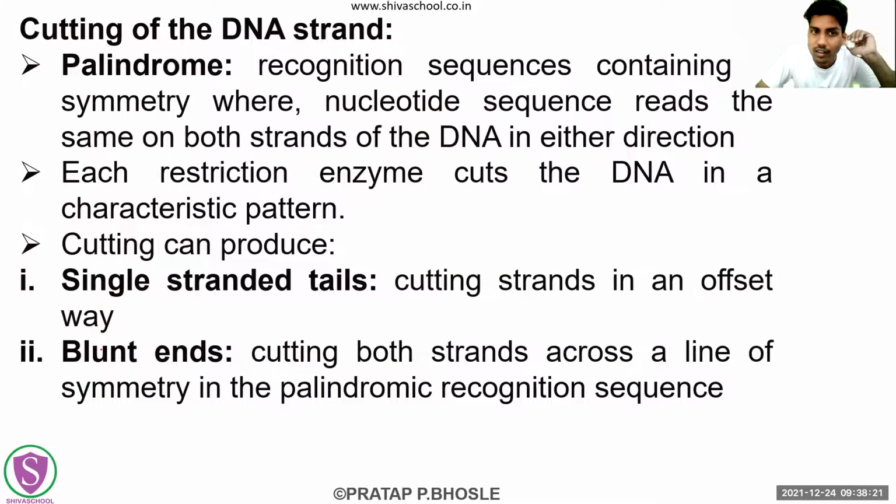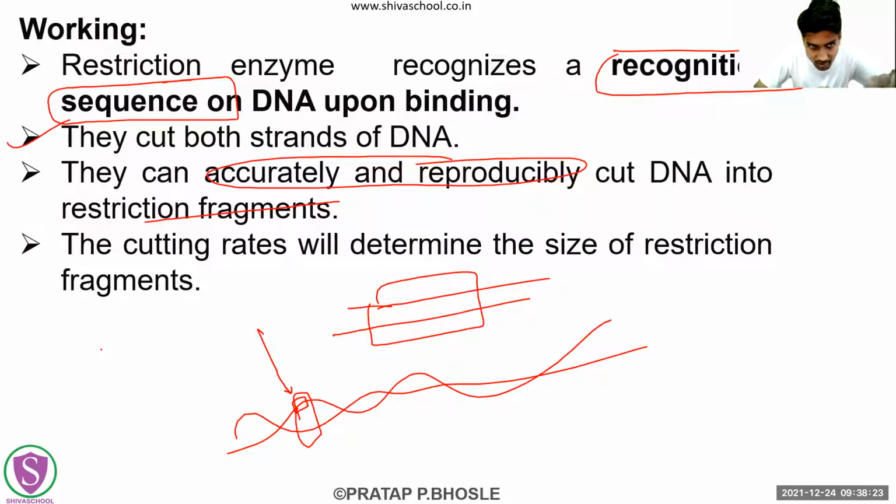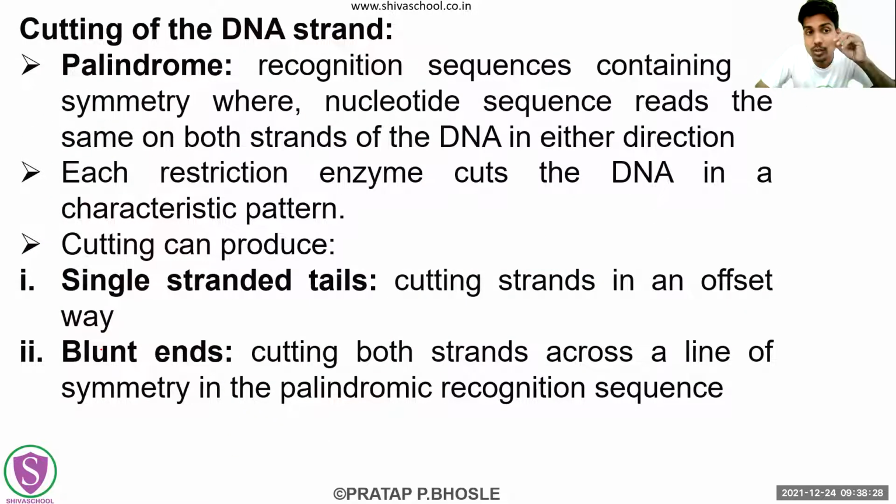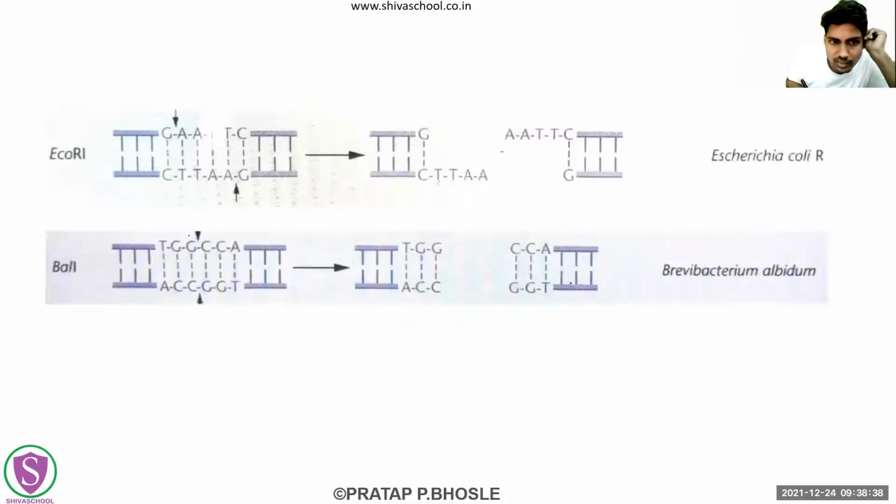Right? Now, after this, some information about the working, we are going to see how they are going to cut the DNA strand. How will restriction enzymes cut? Okay? So the palindrome. What is this? This is what is called a palindrome. TGGCCA, TGGCCA. Even if you read in any direction, you will find the same sequence on that strand.